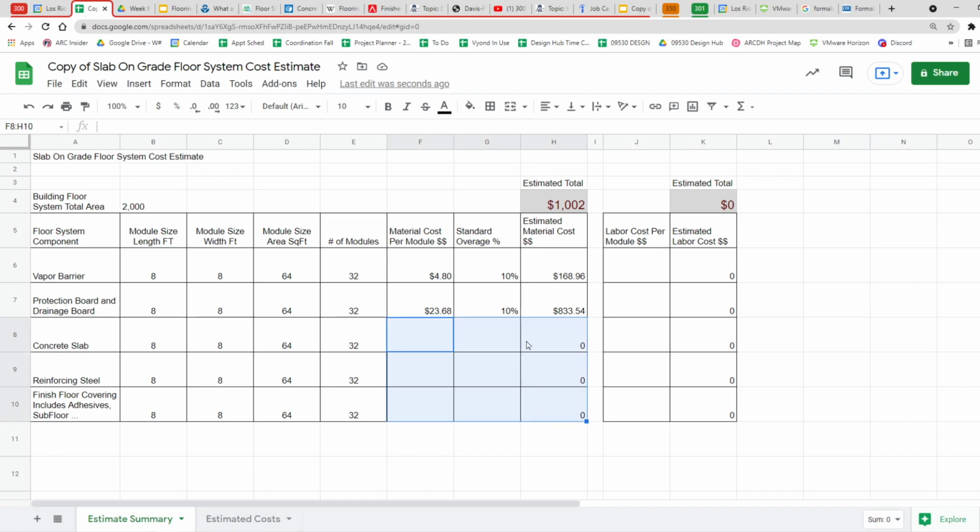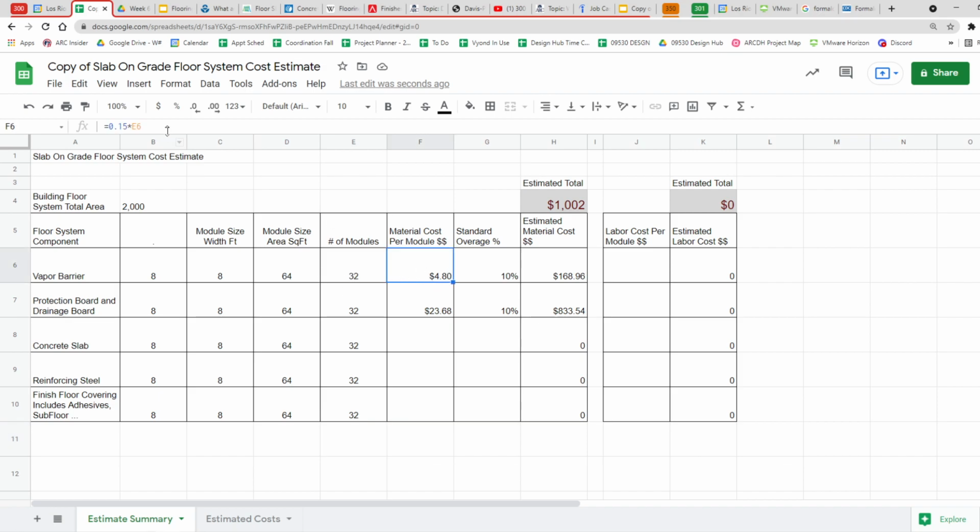And this is very common. This is how you do a cost estimate. What are the components? How much are you going to use? And how much does it cost? And I'm doing it by module. Very quickly then, I can change it. Huh, isn't that cool? Okay, so there we go.